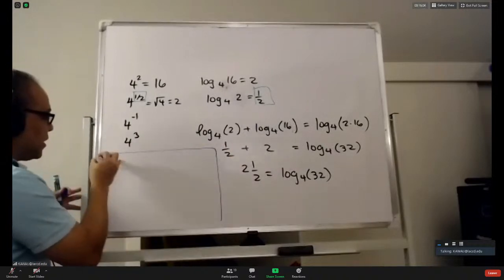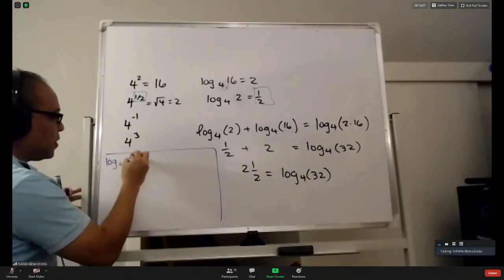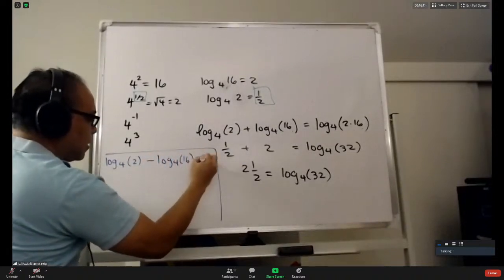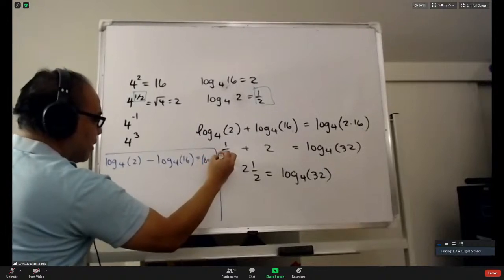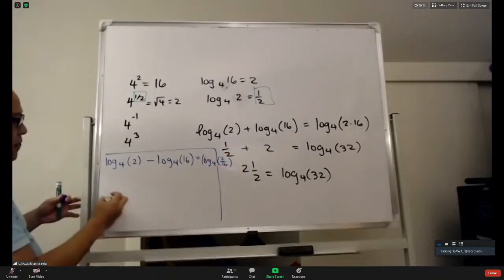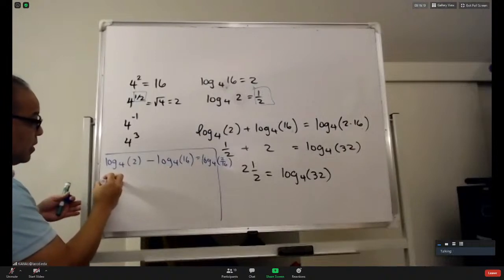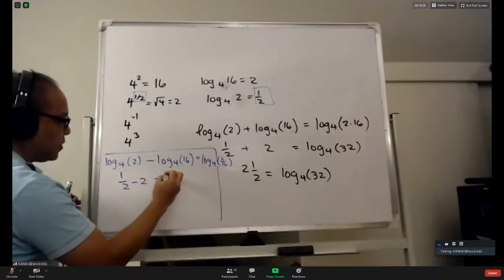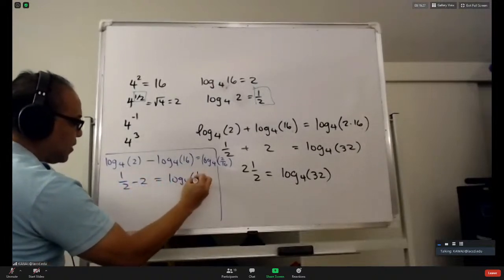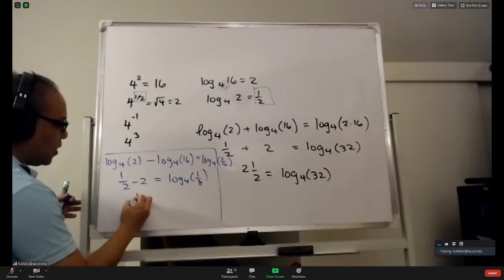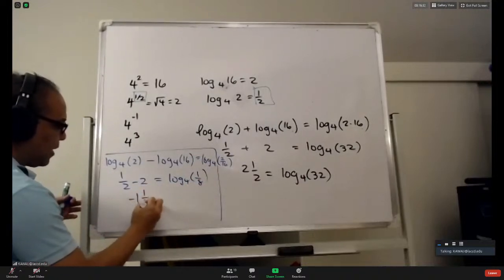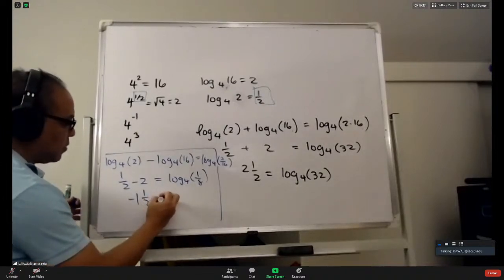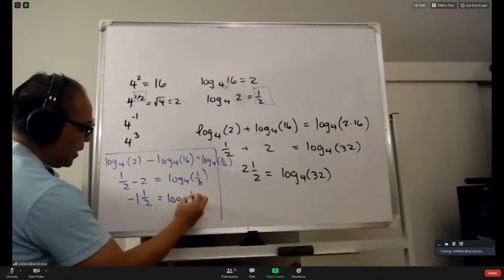So if I did something like this, log 4 of 2 minus log 4 of 16 is equal to log 4 of 2 divided by 16. So then I get, this would be a half minus 2 is equal to log 4 of 1/8. And then you get negative 1 and 1/2 is equal to log 4 of 1/8.